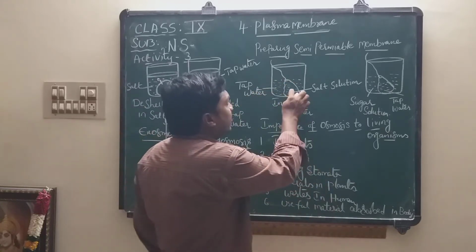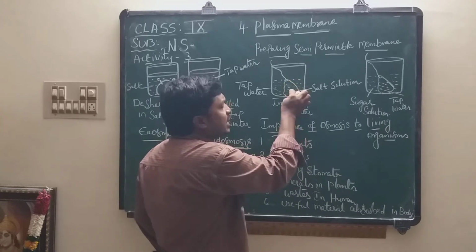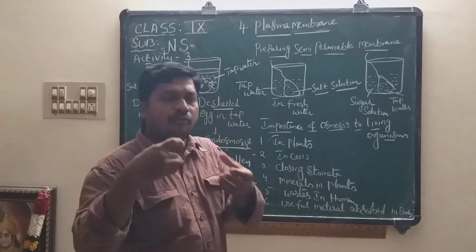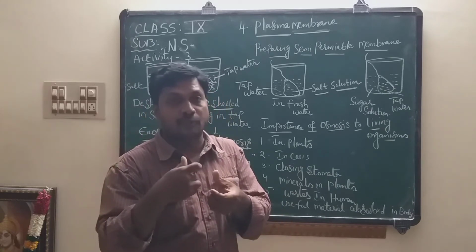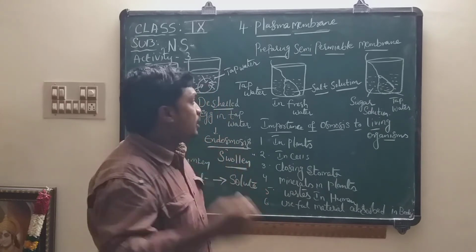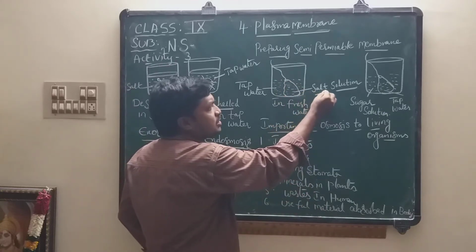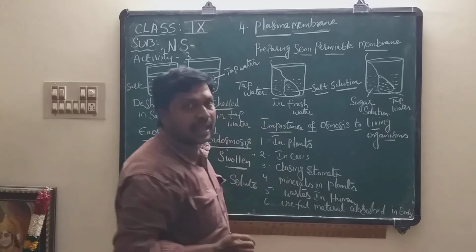Fill the semi-permeable membrane or egg layer with a salt solution with the help of an injection syringe. Now keep the egg layer which contains salt solution in a beaker which contains tap water.